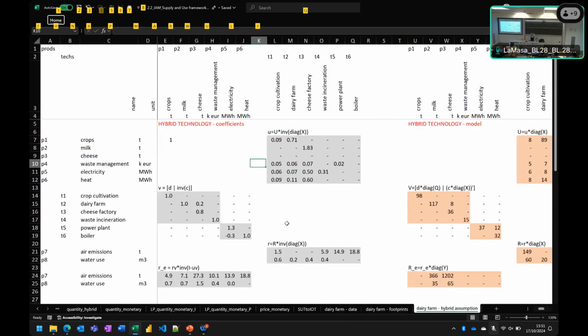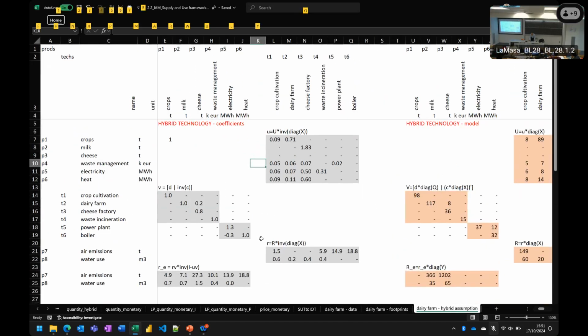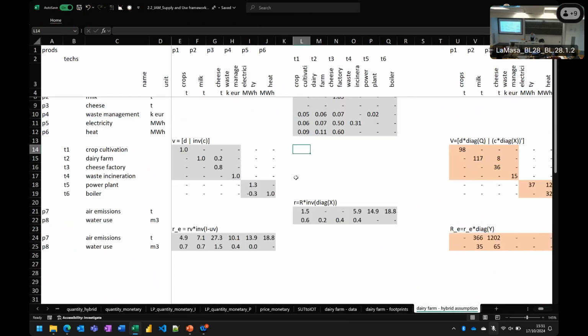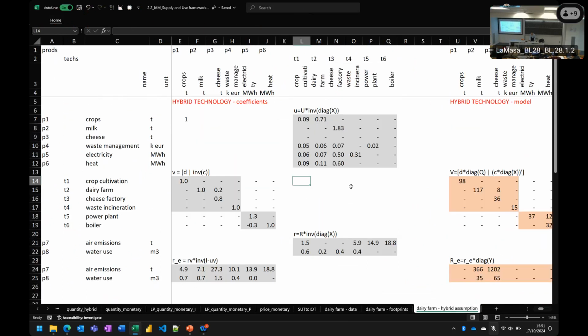Okay? Let's start from the coefficients table. So, next one. U, V, R, RE.